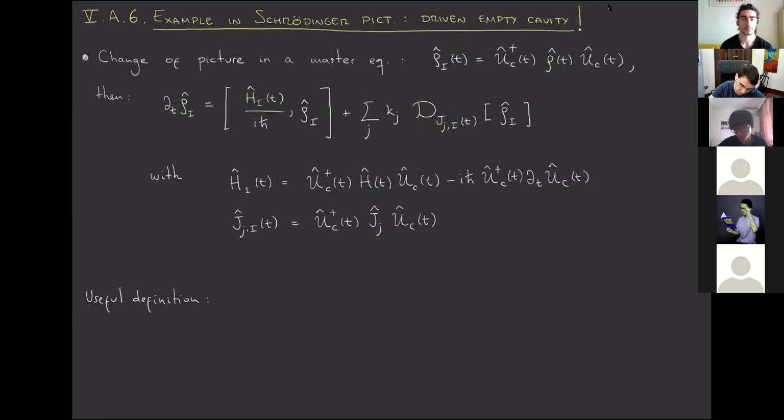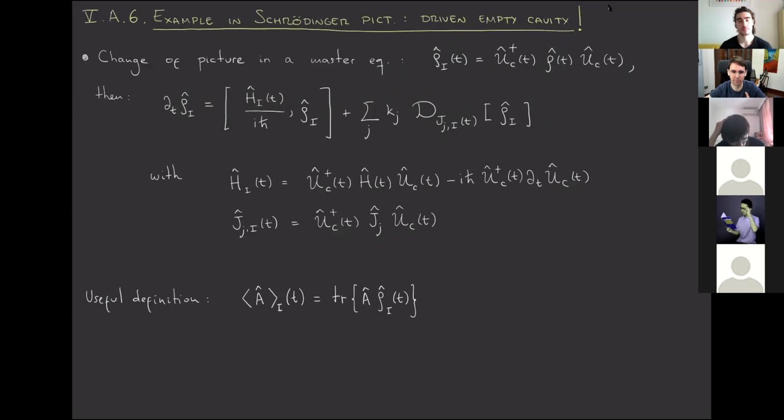For an operator A, any operator A, I will define something called the expectation value of the operator in the interaction picture, at time t, which is the trace of the operator with the interaction picture state, or intermediate picture state, okay?